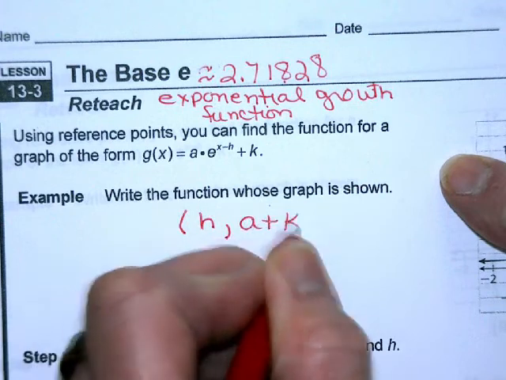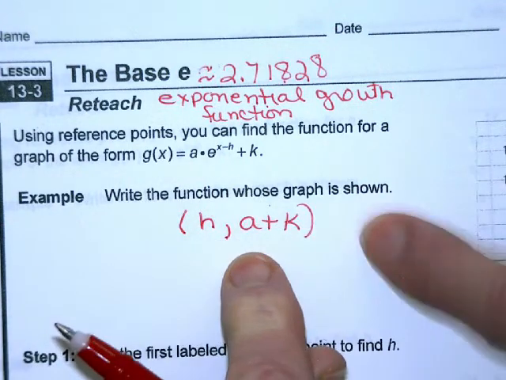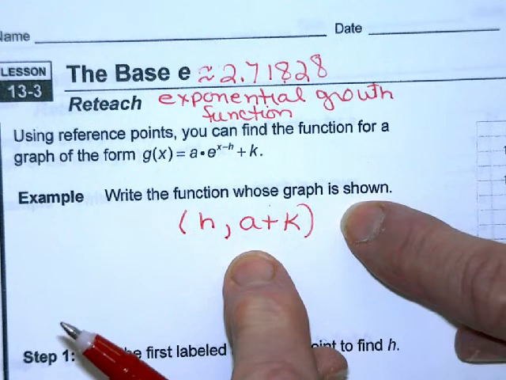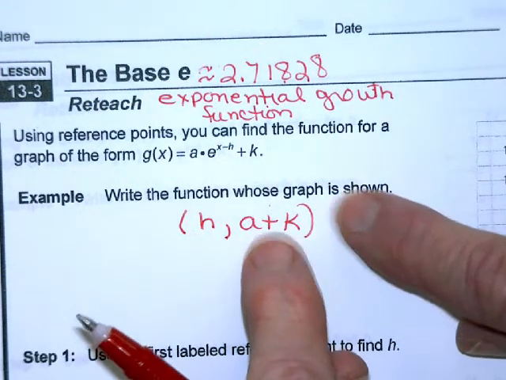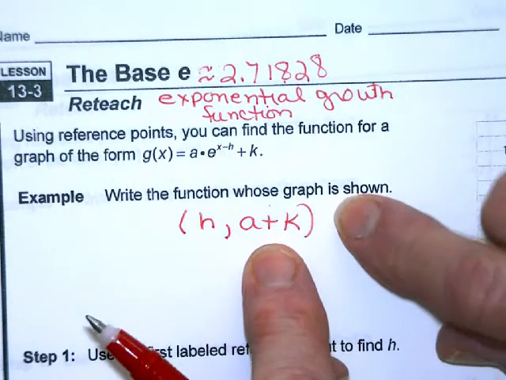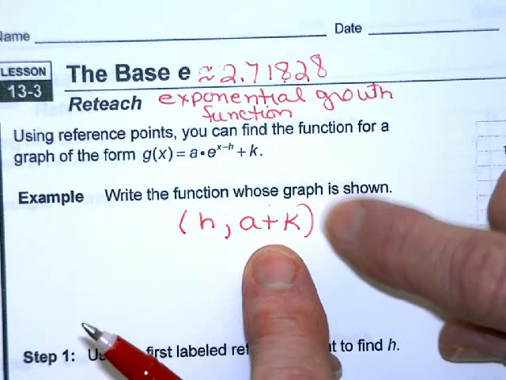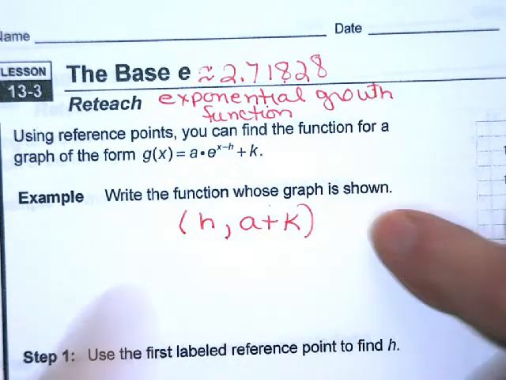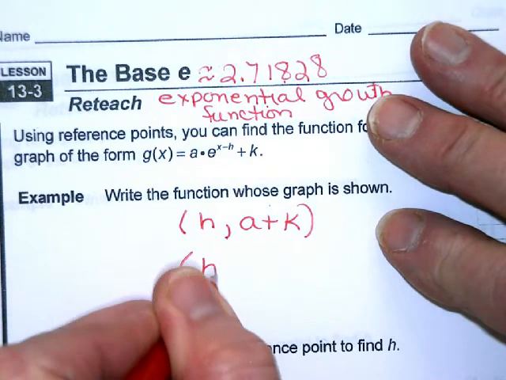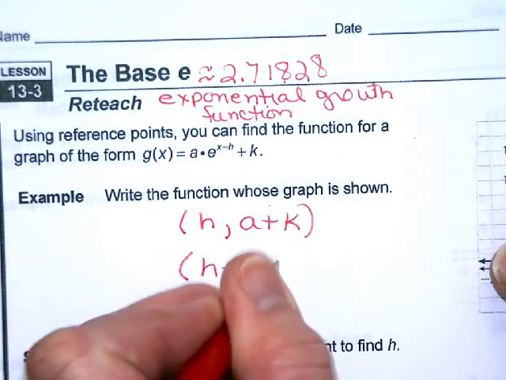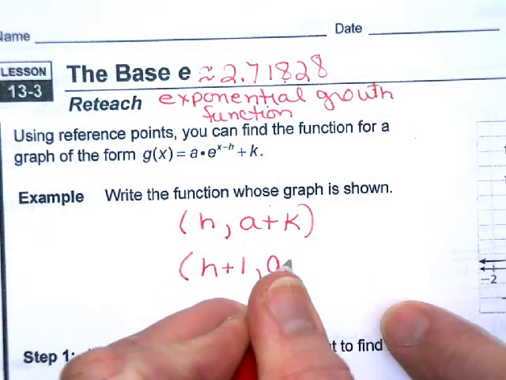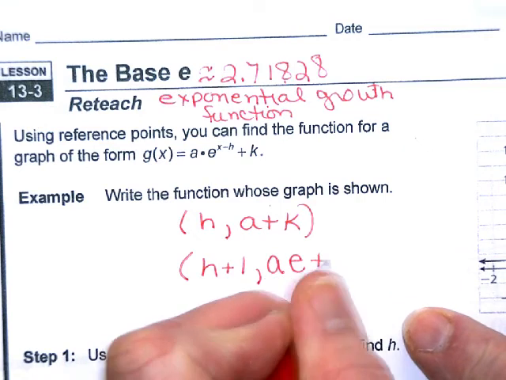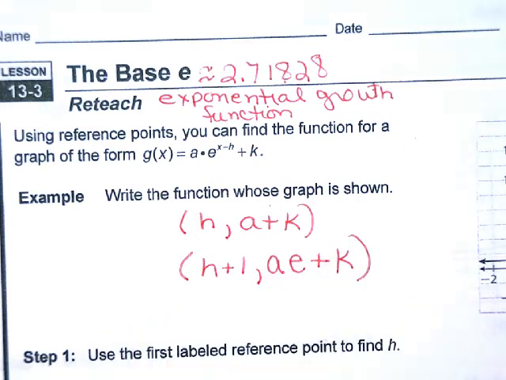That's the first reference point. That's the simple one, and we only used this one in our exponential decay function, but the exponential growth second point wasn't so hard to remember. It's h plus 1 and a, but instead of b, it's e plus k.